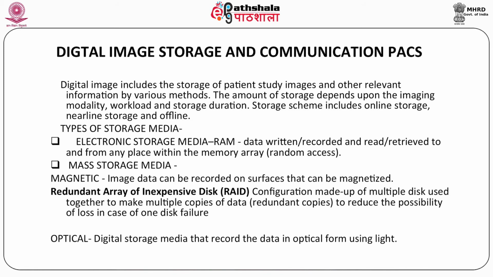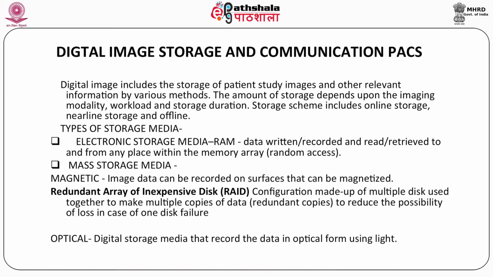RAM is used to store images and other data in the short term while the images are being recorded, reconstructed, processed and displayed. Then mass storage media, magnetic media. Here image data can be recorded on surfaces that can be magnetized.